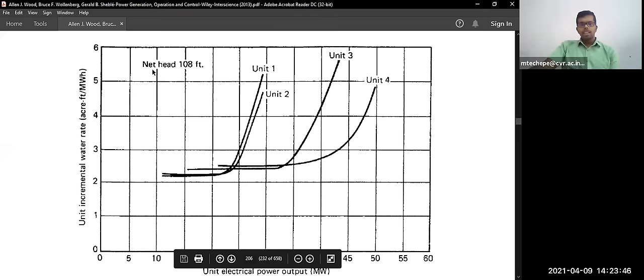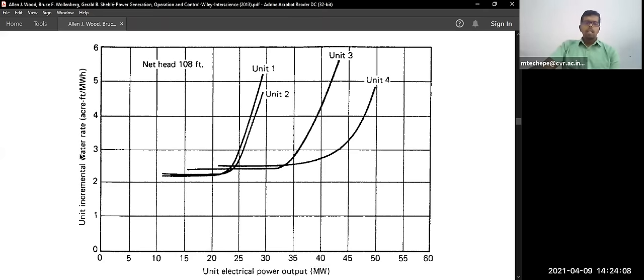So it is based on the net head of the dam. For example, the first head is 110 feet, another head is 150 feet, another head is 100 feet, another head is 75 feet. Based on that, the power generation, and also based on the discharge of the water. Based on the head, you will get the discharge also.